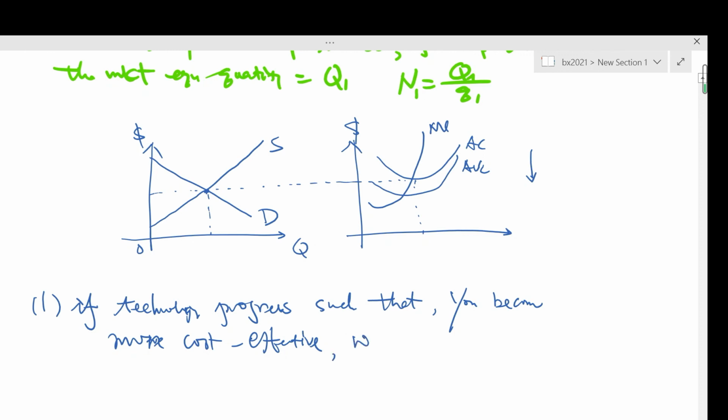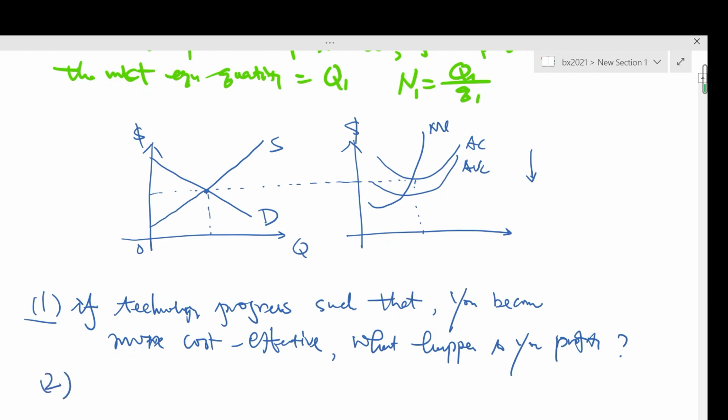What happened to your profit? You can see that now, given that you are more cost efficient, you are going to earn a positive economic profit. And so one implication of operating in a perfectly competitive market is that you should do your best to be cost effective. Okay, that's the first task.